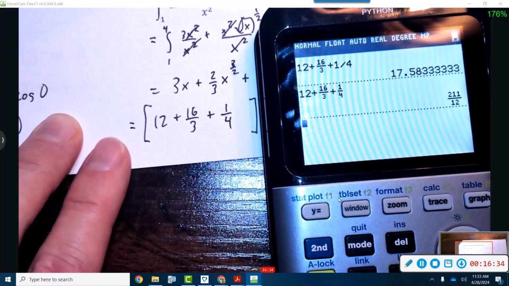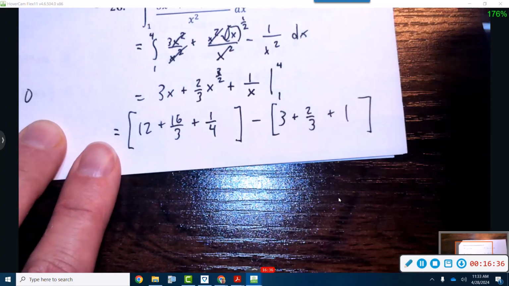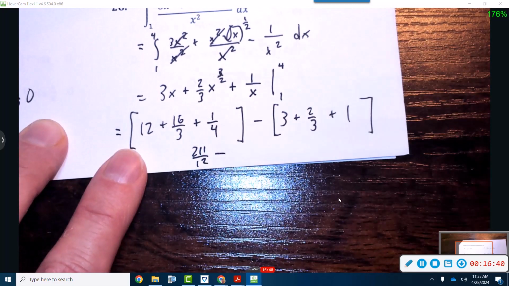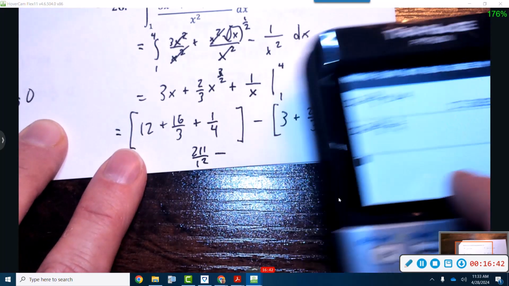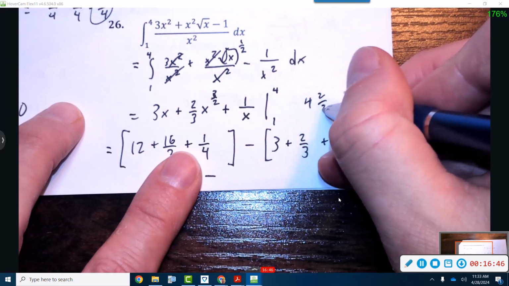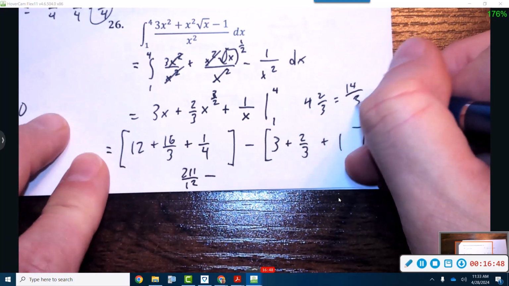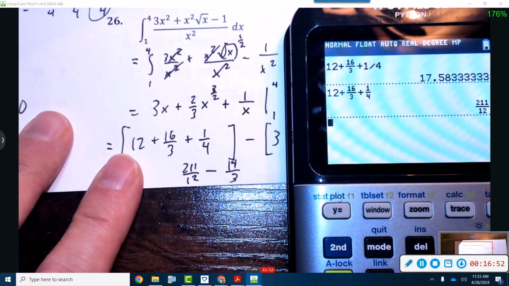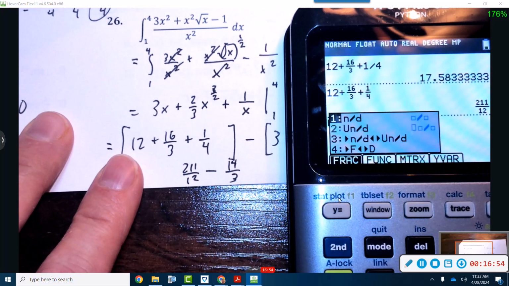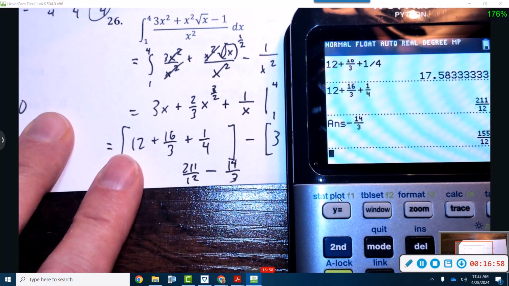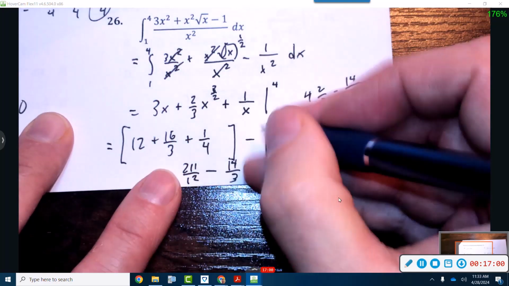It does. Got 211/12 minus, it's going to be 4 plus 1/3, 2/3. 4 2/3 equals 14/3. So minus 14/3. We got 155/12.